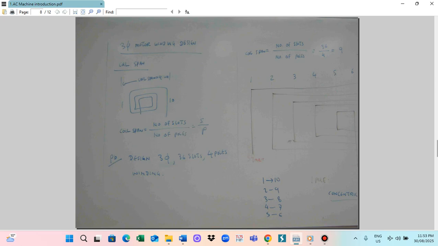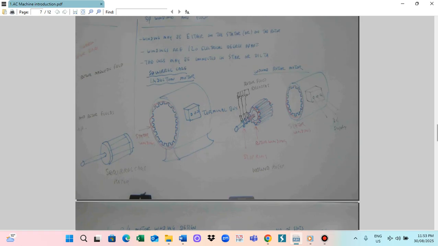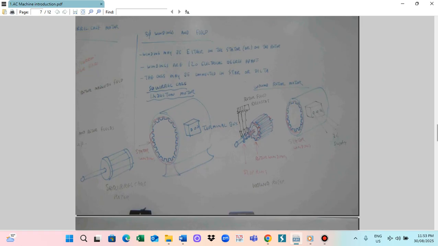This is the terminal box, where the windings are connected. So this is the stator winding.